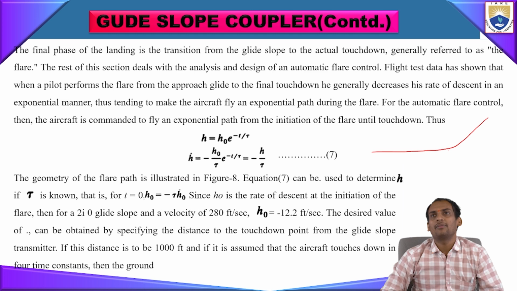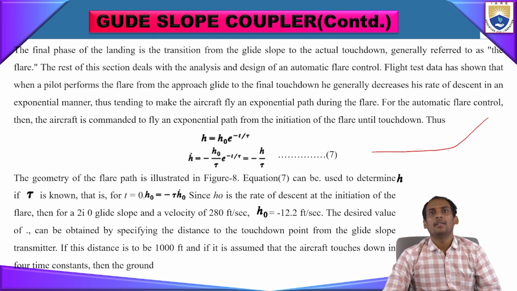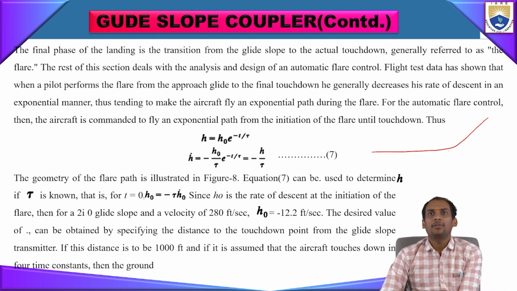The rest of this section deals with the analysis and design of automatic flare control. The flight test data has been shown. When a pilot performs the flare from the approach glide to final touchdown, he generally decreases the rate of descent in an exponential manner, which tends to make the aircraft fly along an exponential path during the flare.